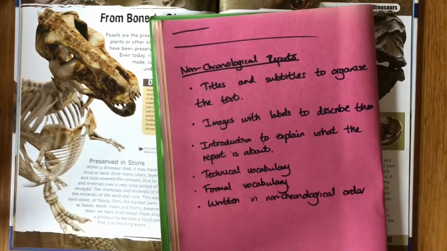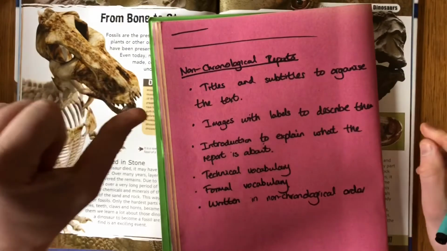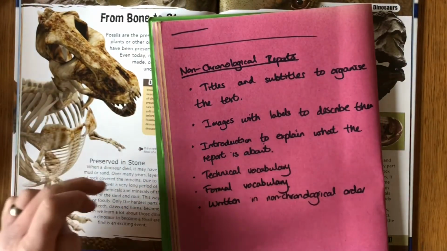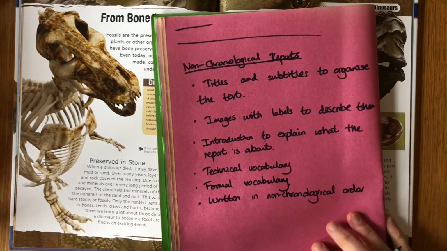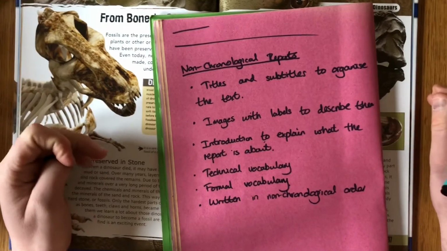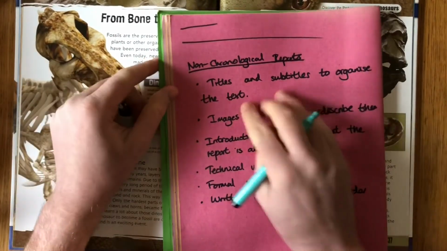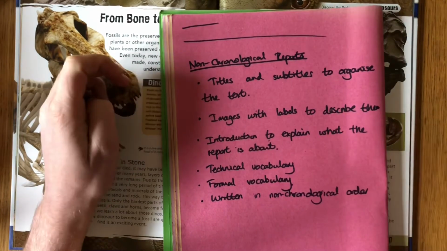Now, what I would suggest for you is, you're not doing non-chronological reports. You're doing persuasion, and there are two examples, biography, and there are two examples, and debate, and there are two examples. So what I would do is use my list and see, well, has that got it? When you're looking at the persuasion, has it got titles and subtitles to organise the text? If it has, include it on that list. Images with labels to describe, has it?